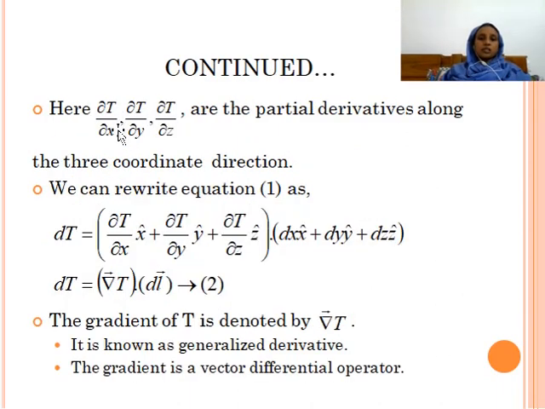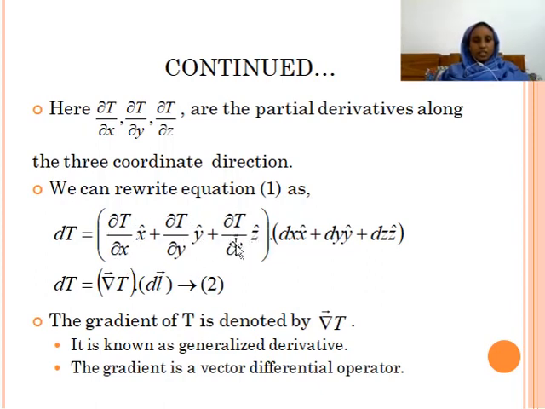Now these terms, dou T by dou x, dou T by dou y and dou T by dou z, are called the partial derivatives along the three coordinate directions. Okay. Now we can rewrite this equation 1 in a new form. Suppose we write this as dou T by dou x x cap plus dou T by dou y y cap plus dou T by dou z z cap.